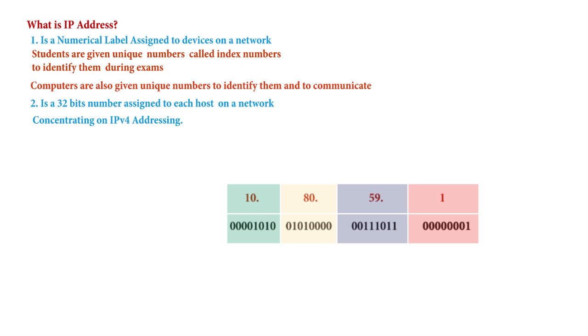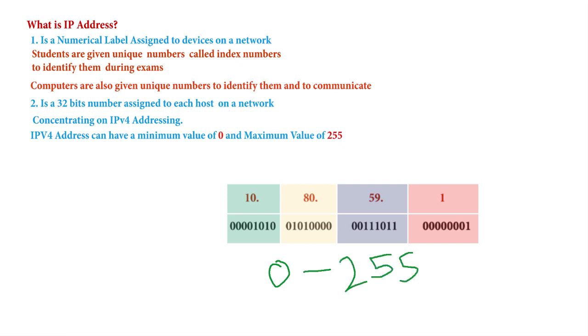In a few moments, I will show you how you can assign IP addresses to devices on the network, but for now, let's concentrate and understand the concept of IPv4 addressing. As I explained in the binary lesson, this address is usually written in decimals, each of which can have a minimum value of 0 and a maximum value of 255.